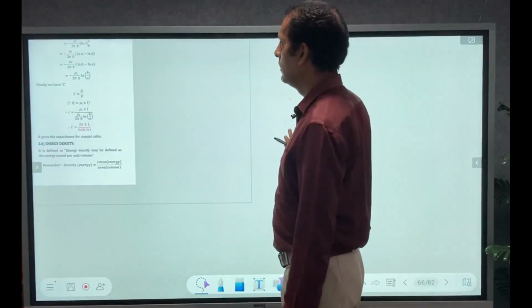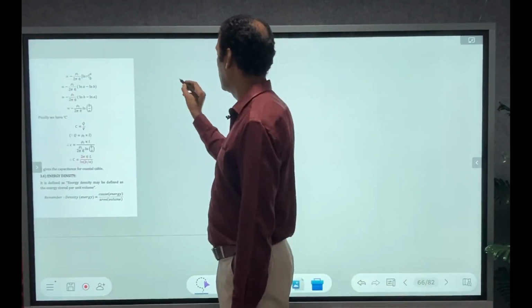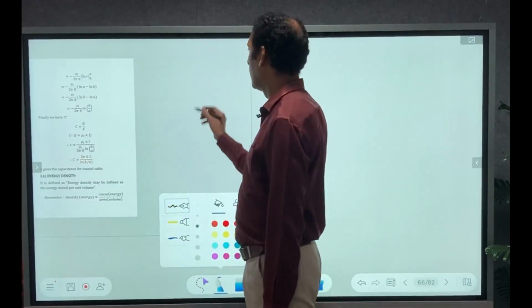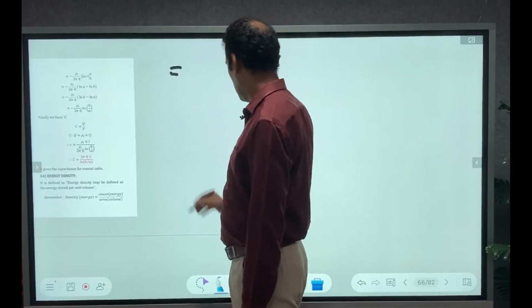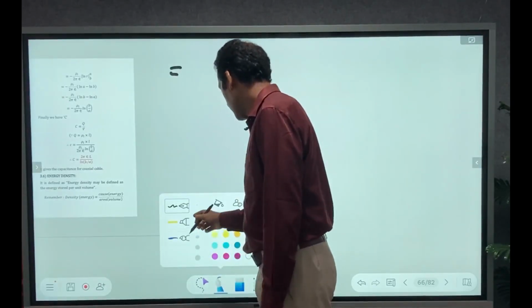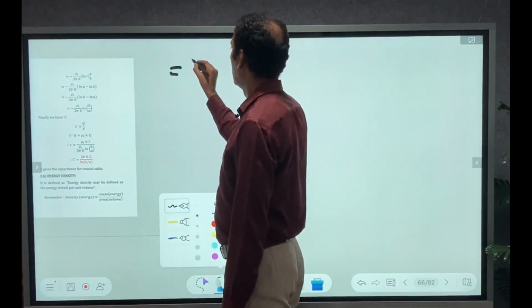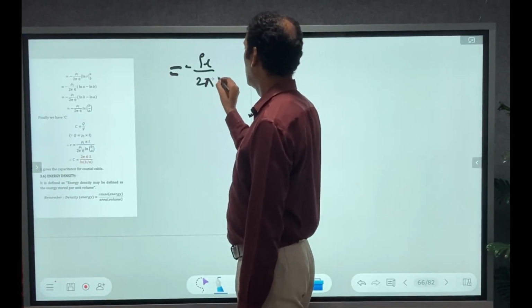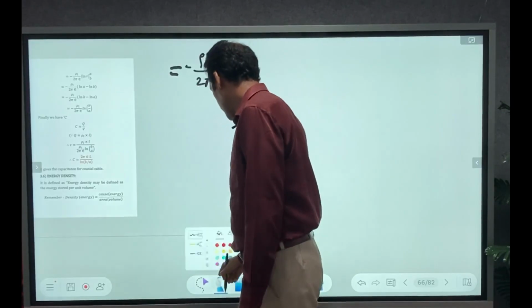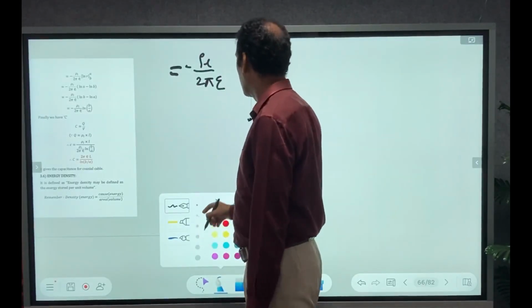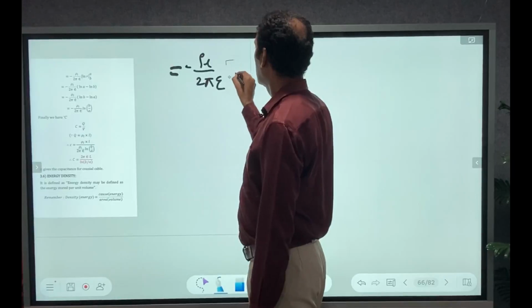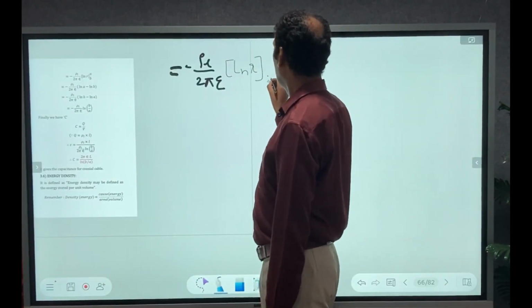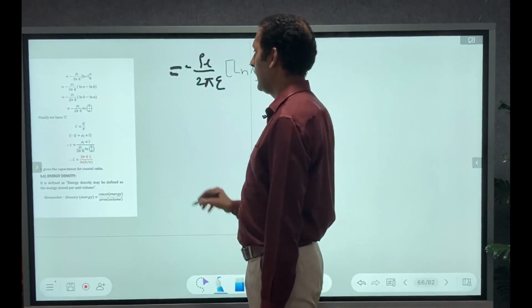Okay, so if we integrate 1 upon r, we will get minus of rho L divided by 2 pi epsilon, log of r, where the limits are b to a.